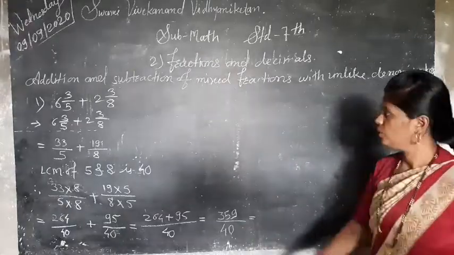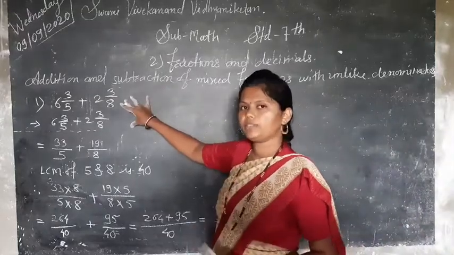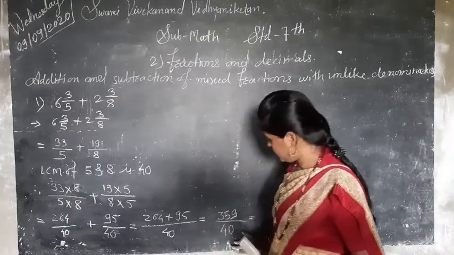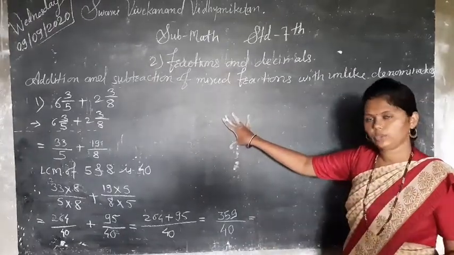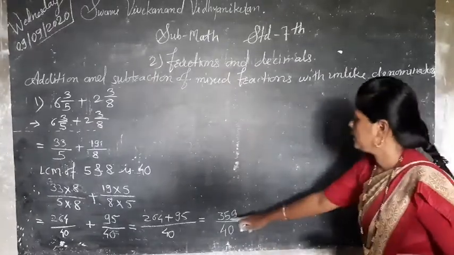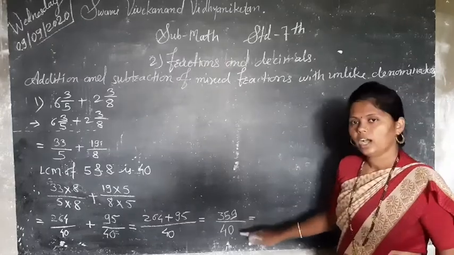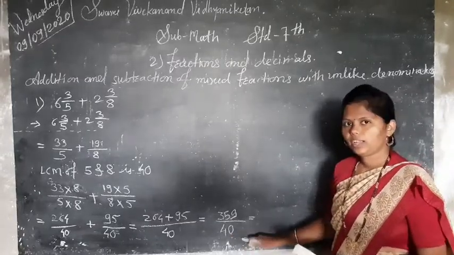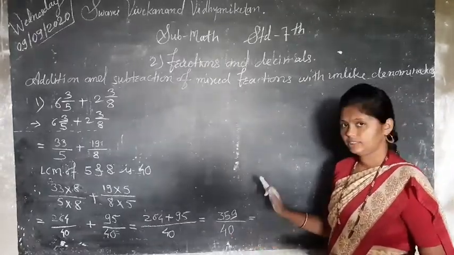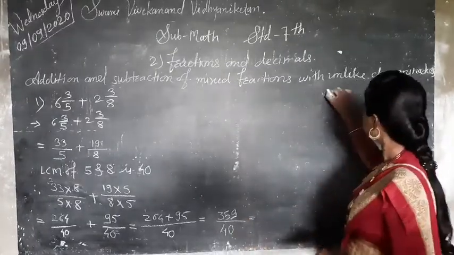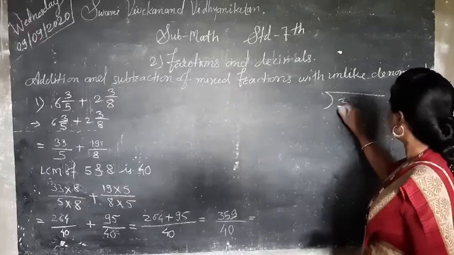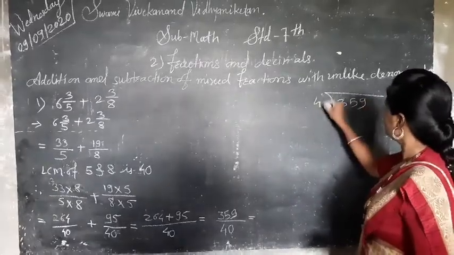Your example is in mixed fraction form, so you can convert this simple fraction into a mixed fraction. I told you the method already. See, 359 upon 40. You can also read that fraction as it is. 359 is divided by 40. So you have to solve that, 359 divided by 40.